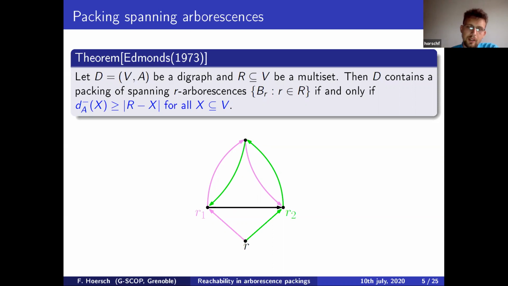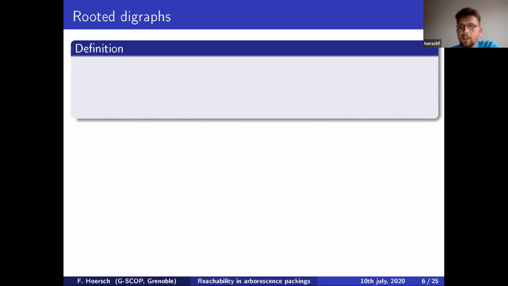And now basically the vertices I desire to have in the smaller graph, that's exactly the same as if I want to have my k spanning arborescences from R in the new graph. So what I can do is I can just apply the first theorem of Edmonds to that graph. And that gives me that theorem here. Okay. Now, for my purposes, I like to think of these arborescence packings in a slightly different way.